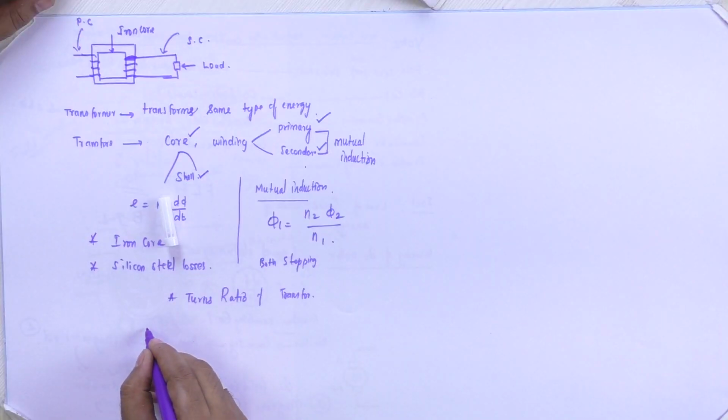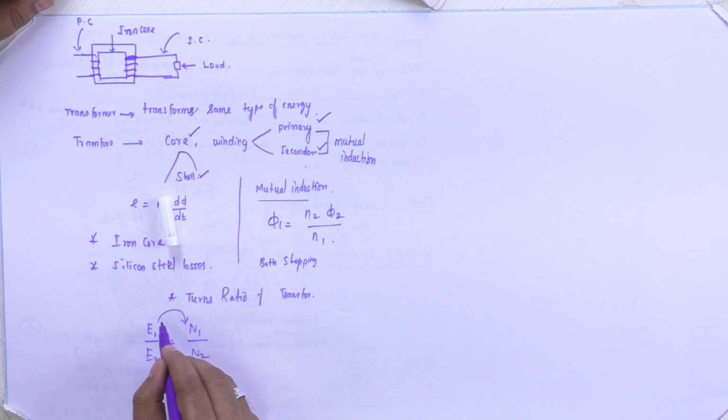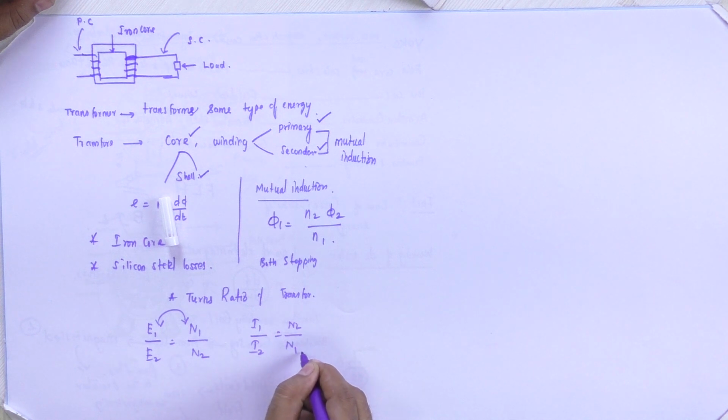The transformer output equation, the EMF equation, is given by E1 by E2 equal to N1 by N2, which means that the voltage ratio is directly proportional to the turns ratio on the primary and secondary side, while the current ratio is inversely proportional.